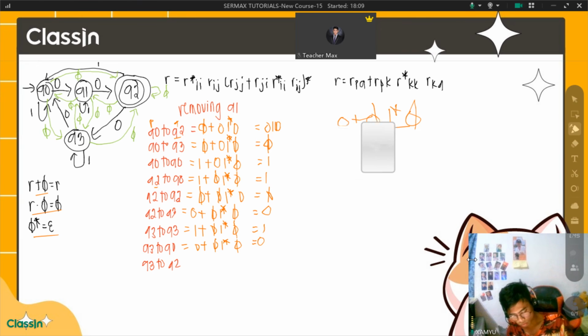So afterwards, what you'll begin to do, Q3 to Q2, that is null, and then plus Q3 to Q1, that is null, and then Q1 to Q1, that is clean star of 1, and then Q1 to Q2, that is 0.